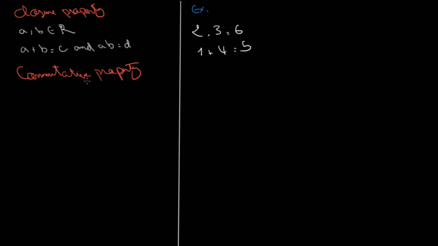Suppose A and B are real numbers, and obviously the addition of A plus B equals B plus A. And for multiplication, it's very similar. You just replace the symbol by another symbol of multiplication.